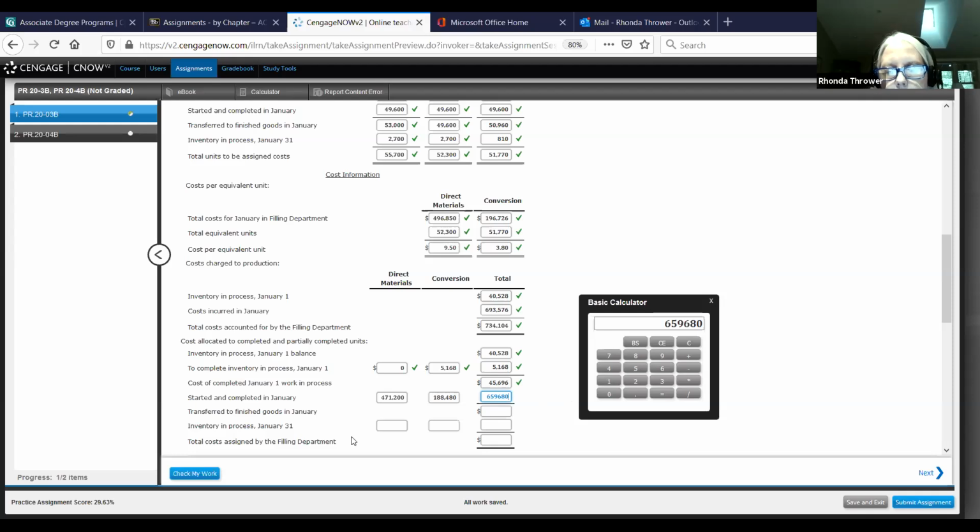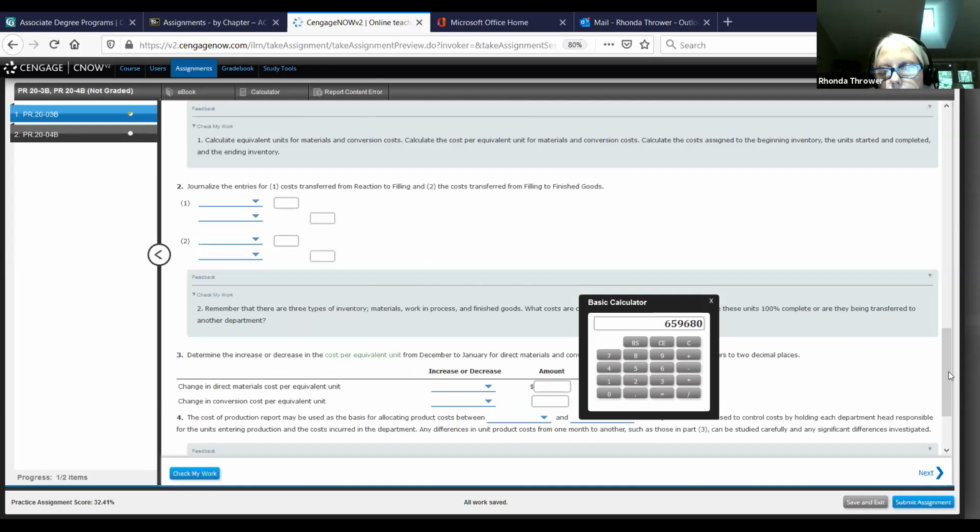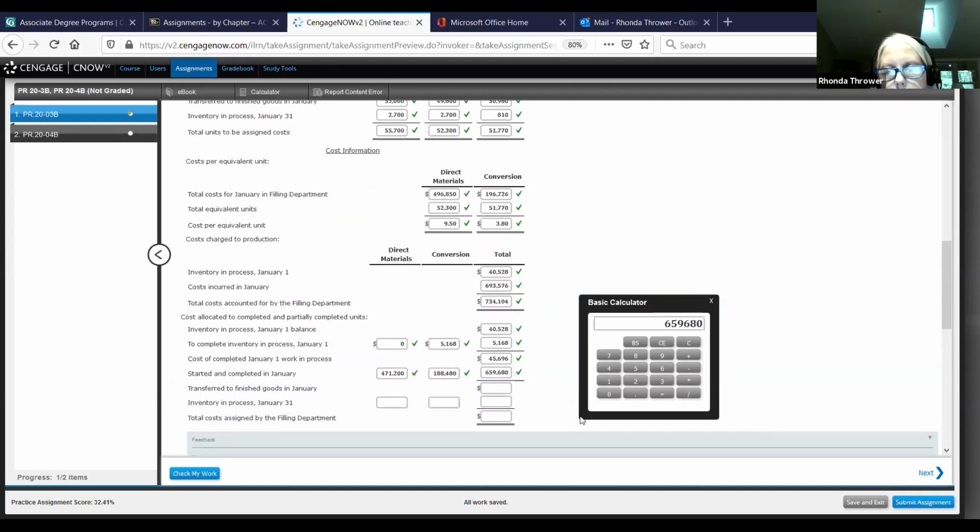It's a good idea to check your math here. And the math is good. So what I know right now is the cost of my beginning inventory and the cost of my started and completed units. If you add beginning inventory cost and started and completed cost together, it will give you what you've transferred.